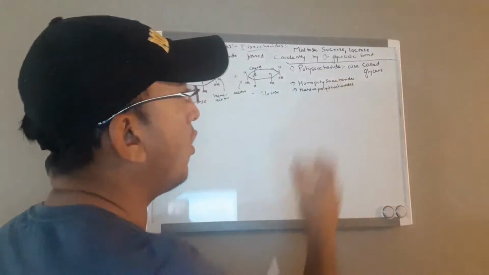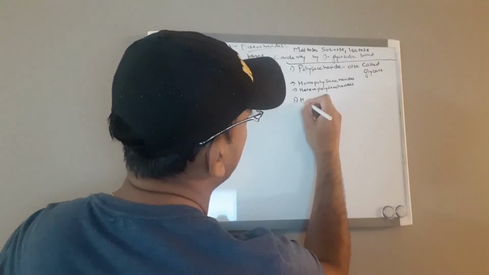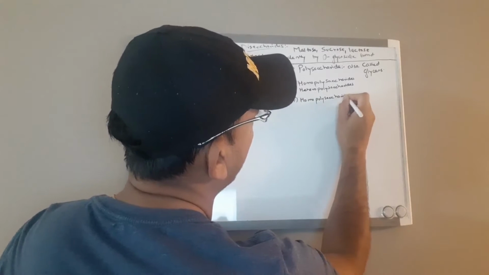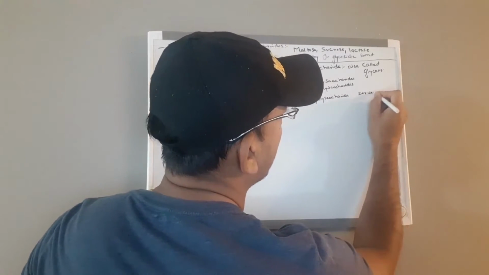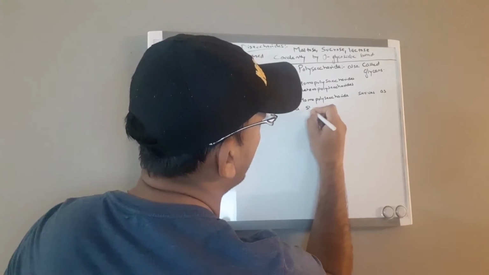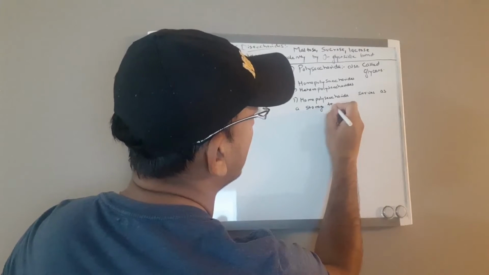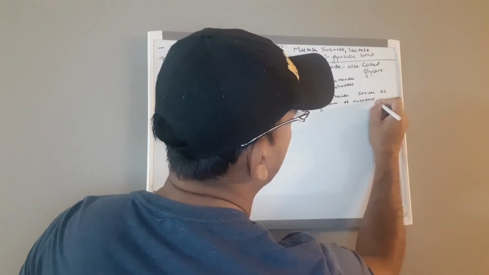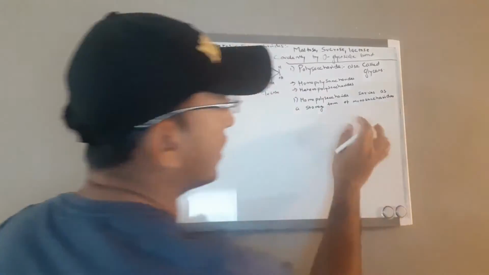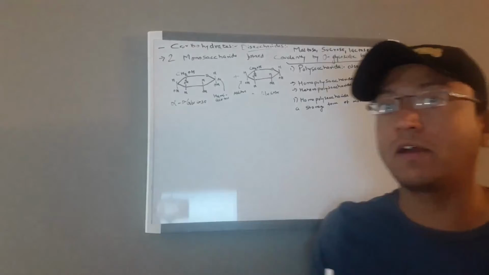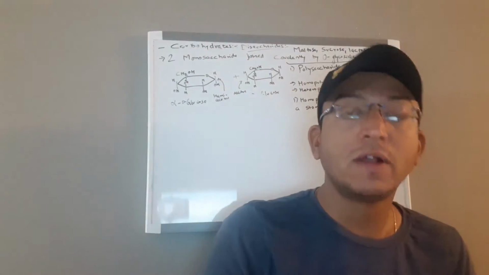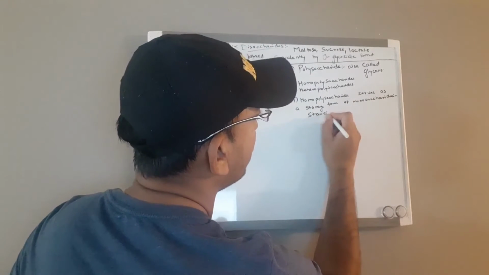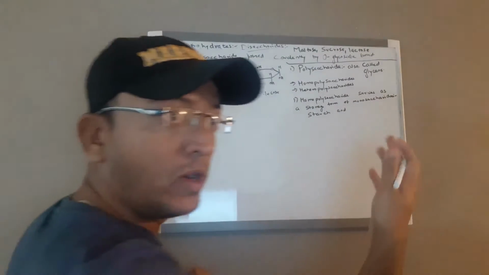So the homopolysaccharides serve as a storage form of monosaccharides, and these monosaccharides are used as fuels. The examples are starch and glycogen.